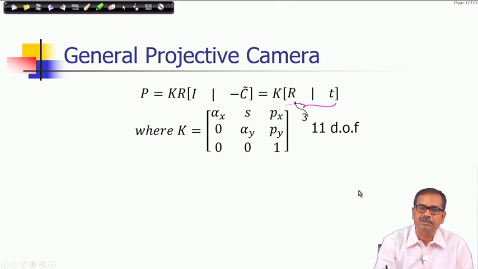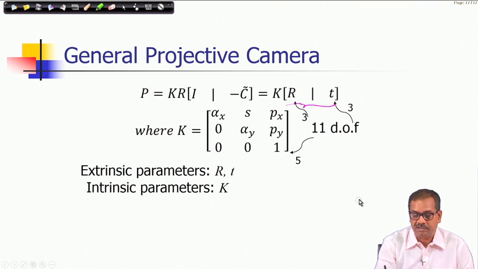So, 3 of them denote a rotation matrix, which is rotations along 3 axes. Then 3 denote the translation of the 3-dimensional coordinate origin to the camera center, and 5 parameters are related to the calibration matrix, given by the elements alpha x, alpha y, s, p x and p y. So, in total there are 11 independent parameters.